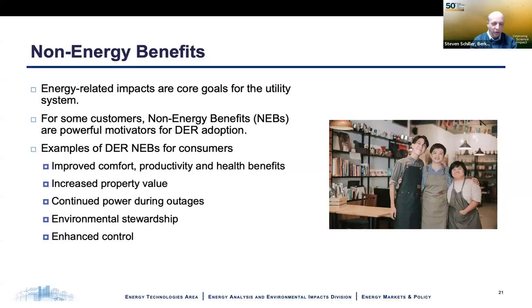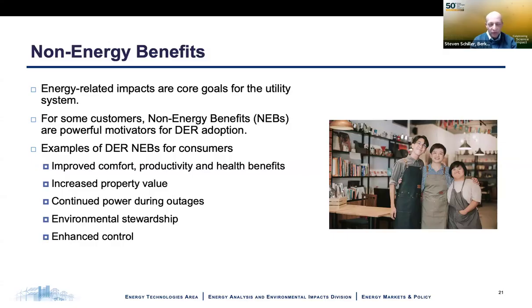Some examples are improved comfort or productivity, health benefits, increasing the property value, reliability benefits during power outages, feeling a sense of environmental stewardship and pride in participating, or just having enhanced control over their energy infrastructure at their own facilities.